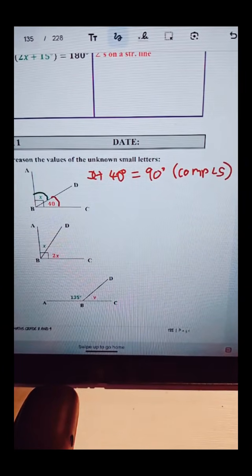Then we solve for the angle. We take the 40 degrees and transpose it, and it changes to negative 40. From there we get the solution.